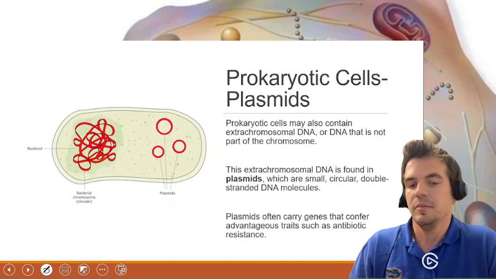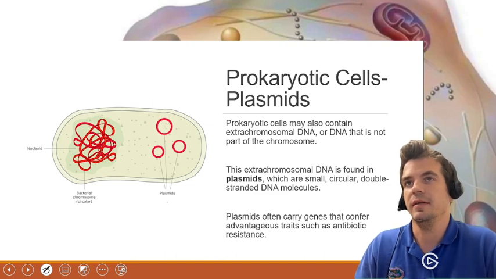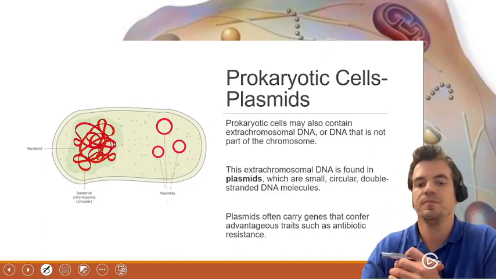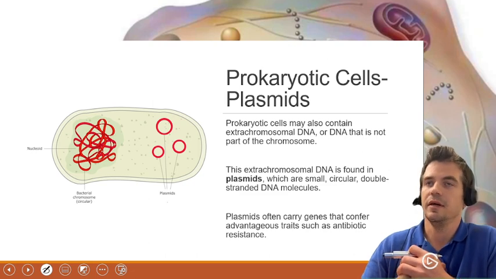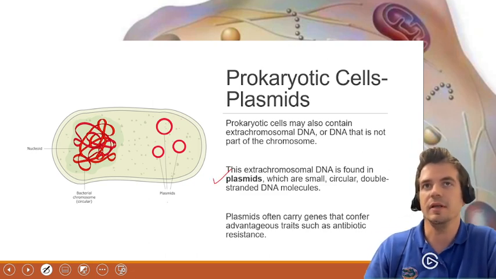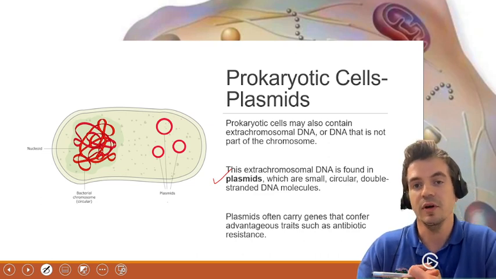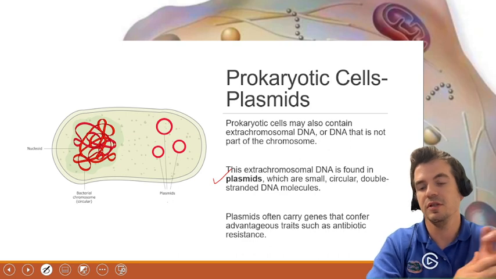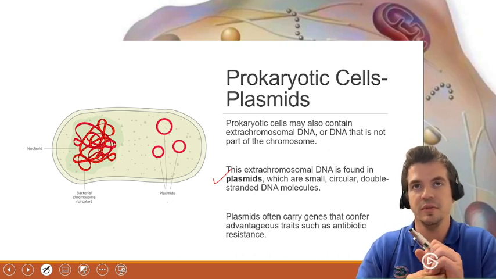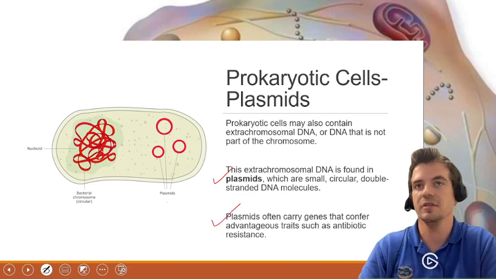In addition to bacterial DNA in their nucleoid region, remember that you can have plasmids. Plasmids are really important in molecular biology, for someone like me, where you want to put genes of interest into things, but these plasmids also lend themselves to antibiotic resistance.